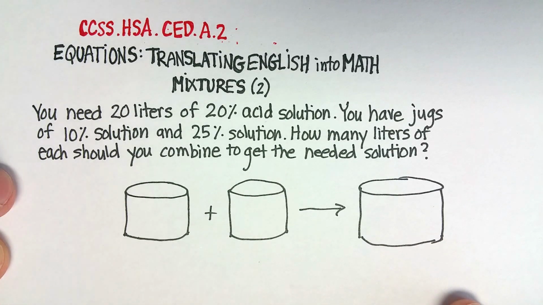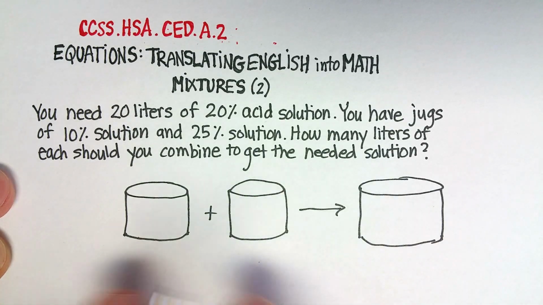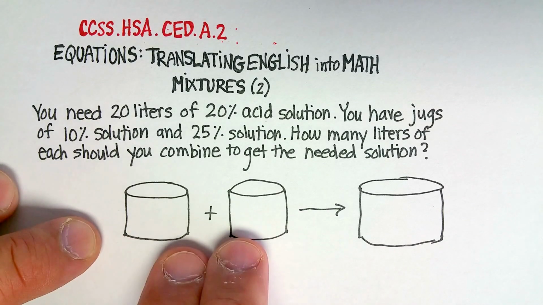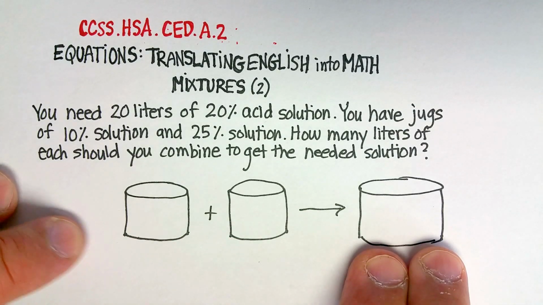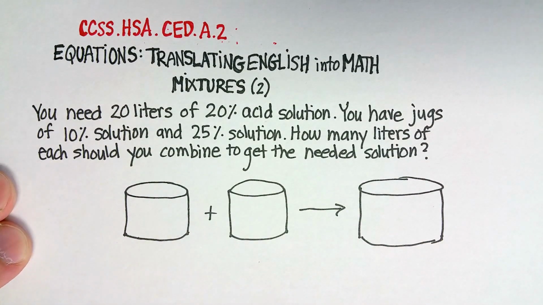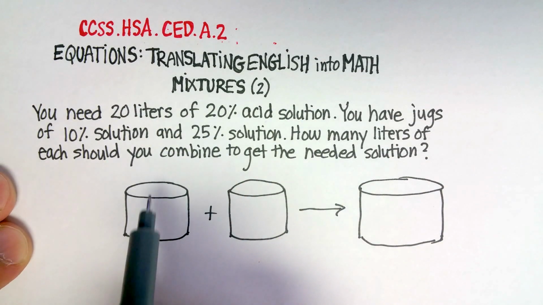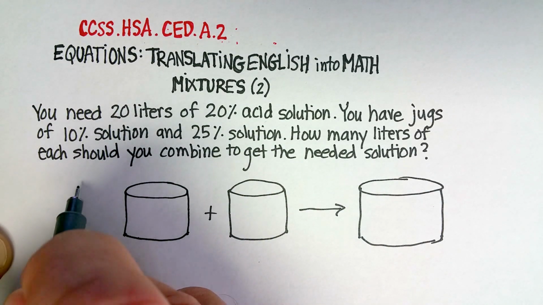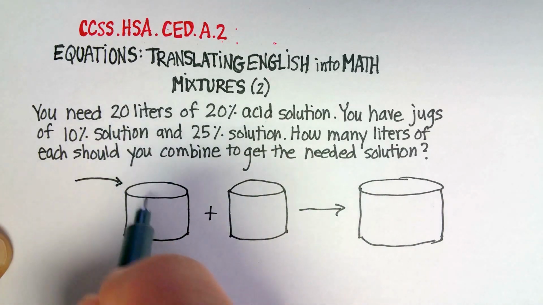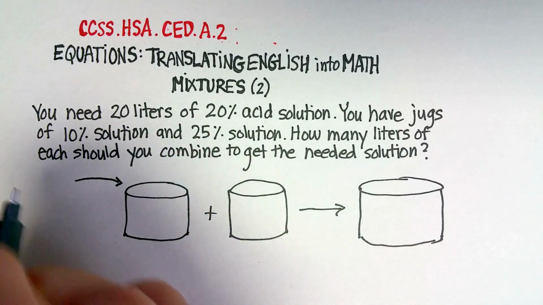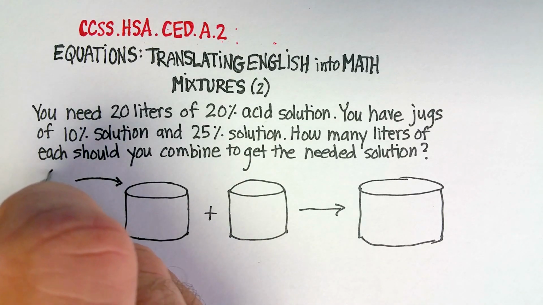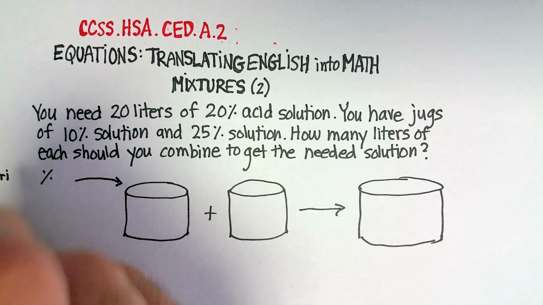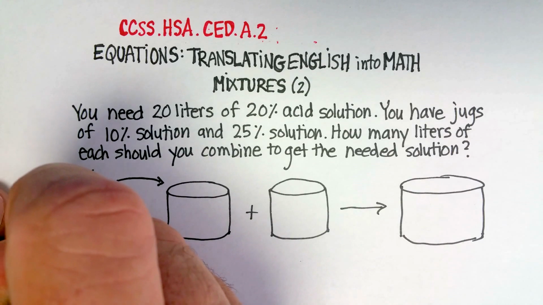So let's see how we can do this. According to this graphic, I'm taking this small container and this small container and combining them to form this larger container. Let's put the information we have into each of these spots. On the top spot, I normally put things like percentages, or the price, like the price of a can of something.